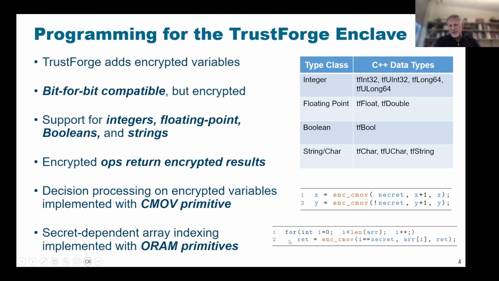So we'll see both these restrictions, and these are not restrictions that TrustForge imposes on you. These are restrictions that secure computation imposes on you. If you violate either of these two rules, then it's very easy for an attacker to figure out what your secrets are by looking at the control flow of your program in this case, or looking at how you access memory, data memory in this case.